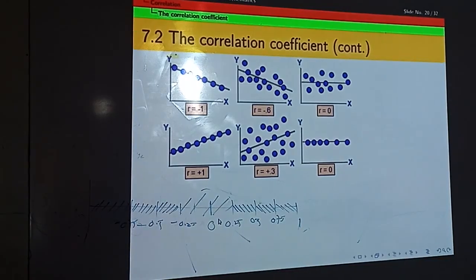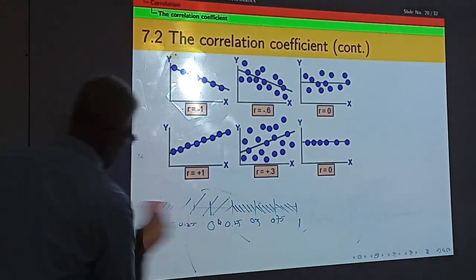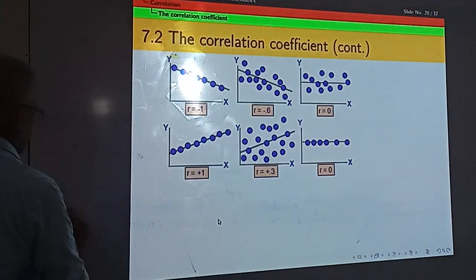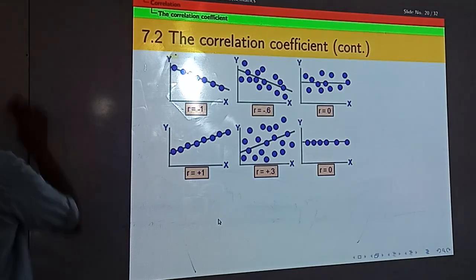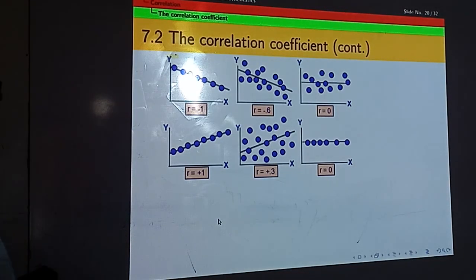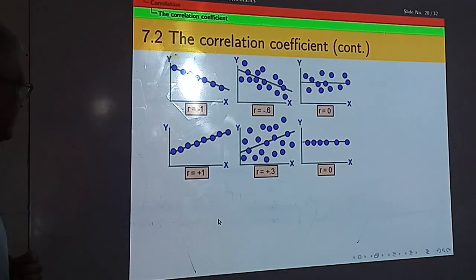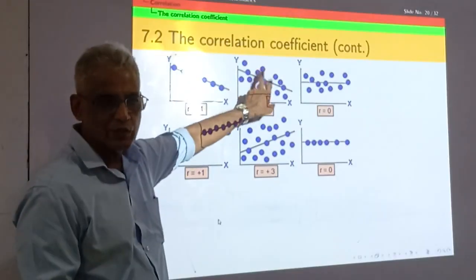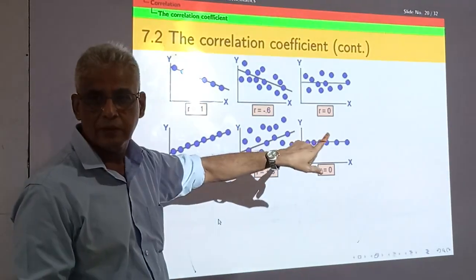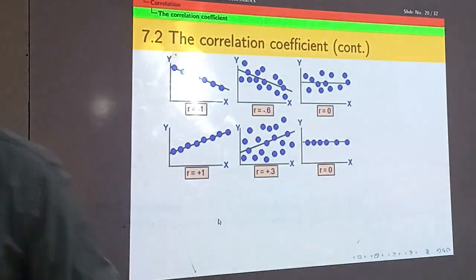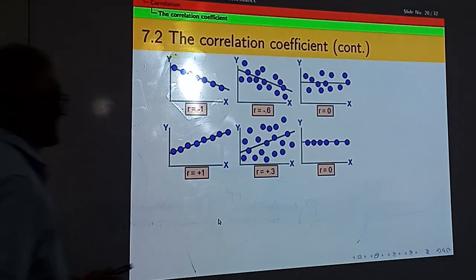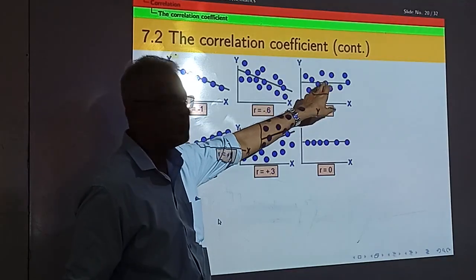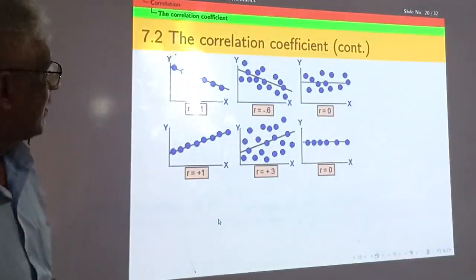Right, so these are some examples. Depending on R, we can say this is a negative perfect linear relationship. So according to our interpretation, this is going to be, I think, a negative moderate linear relationship. Is it negative 0.6? 0.6, yeah. R theoretically is not exactly 0 here. This will be somewhere close to 0, right?